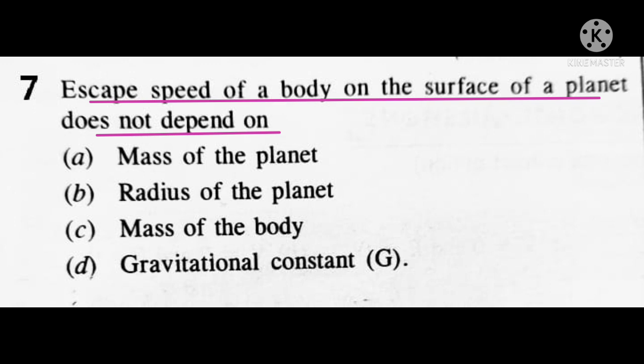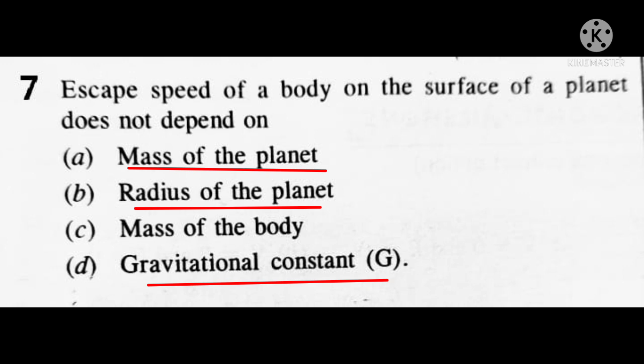Question number 7. Escape speed of a body on the surface of a planet does not depend on: A option, mass of the planet, B option, radius of the planet, C option, mass of the body, D option, gravitational constant G. We know that escape speed of a body on the surface of a planet depends on the mass of the planet, also the radius of the planet, and the gravitational constant.